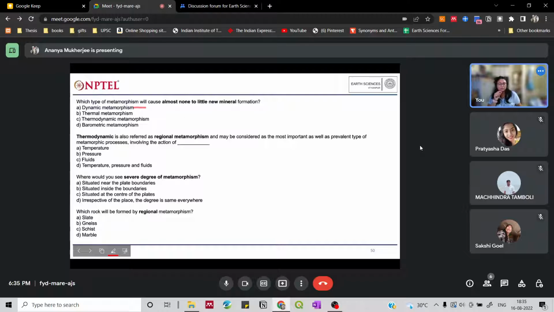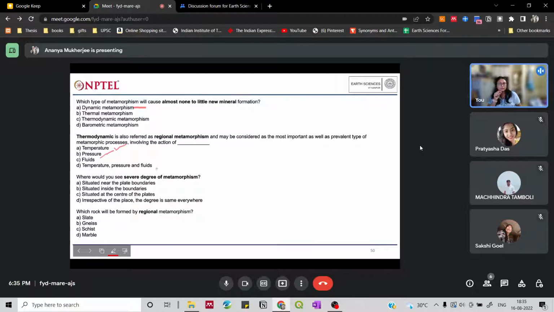Now regional metamorphism is also called thermodynamic metamorphism. When we say thermodynamic, that means it will include temperature, it will include pressure, and it will also include fluids.